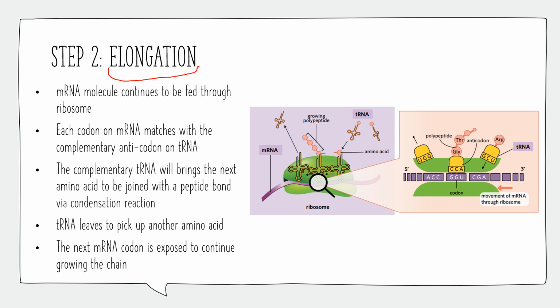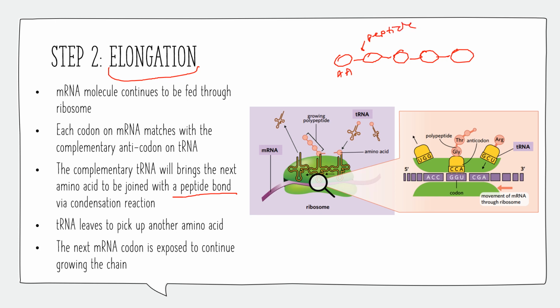Every codon on the mRNA matches with a complementary anticodon on tRNA, and the tRNA will continue to bring over appropriate amino acids, and they will be joined to the polypeptide chain, okay? These are where our peptide bonds are joining each amino acid over and over again to form that primary structure. Remember that primary structure that we looked at in our first lesson that looks like this? These are our amino acids, these are our peptide bonds, okay?